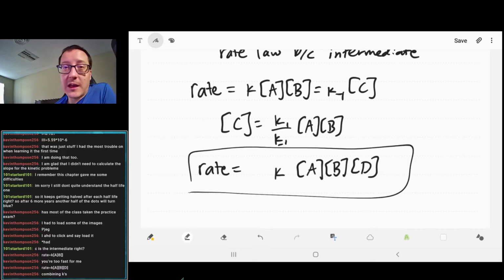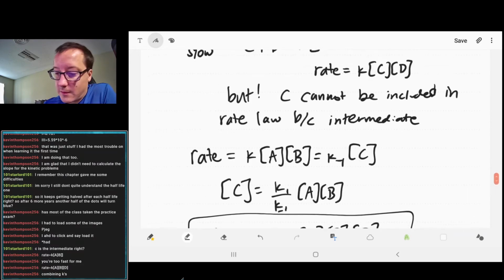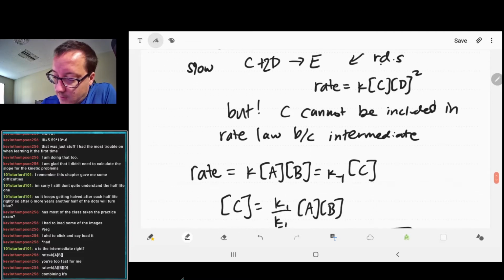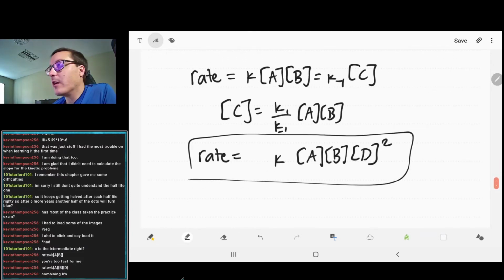And of course, if we had any coefficients, let's say now we have 2D, it would still have D squared in our product, whatever it happens to be. So remember, this is how we can end up with half or negative numbers in our rate laws as well. So we have those options there.